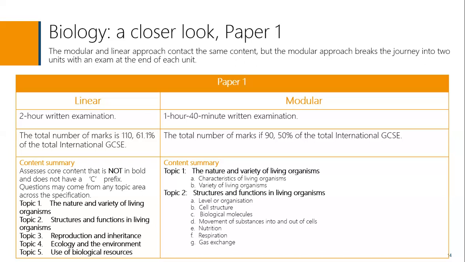And for the modular one, you know what its particular topics are. For the linear one on paper 1, it's everything in the specification that is not in bold. And a calculator can be used in the examination.